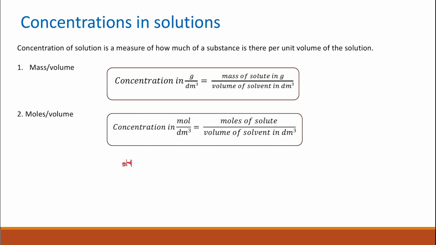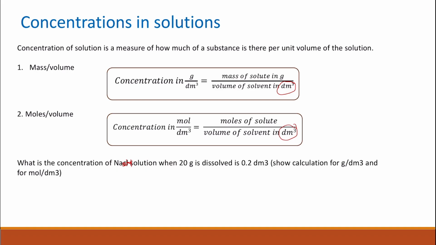Notice that we always need to have the volume in decimeter cubed. So if the question gives you the volume in centimeter cubed, you have to change it first into decimeter cubed by dividing by 1,000.